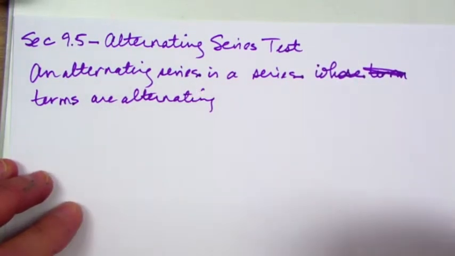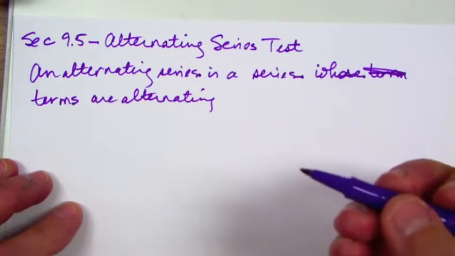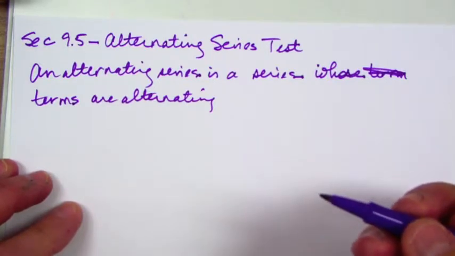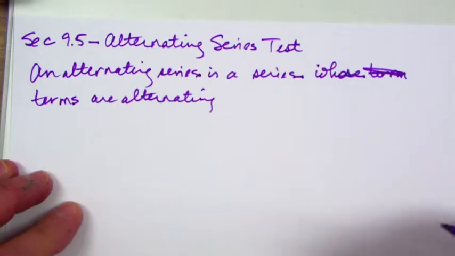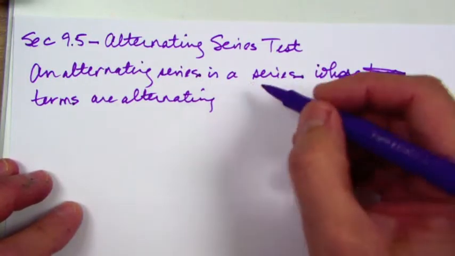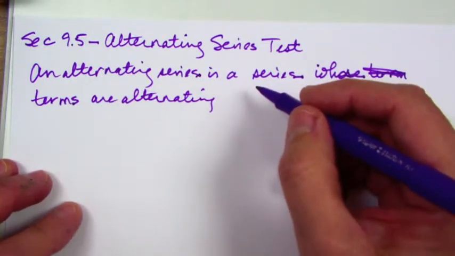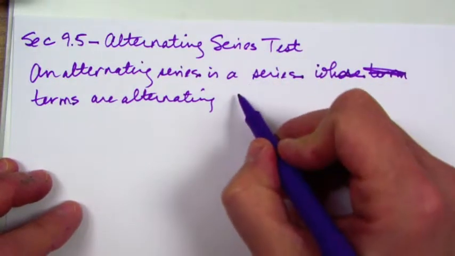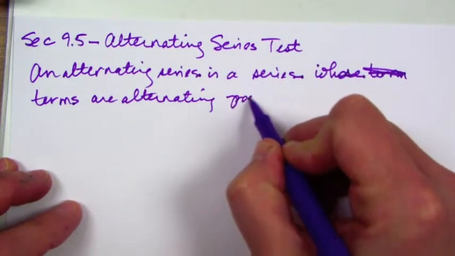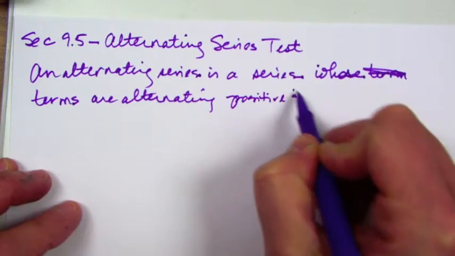If they're alternating, they switch between two terms, between what? Positive and negative. There we go. Or alternating positive and negative.